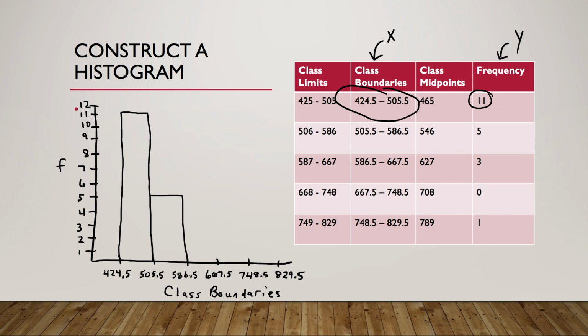Our third bar is at 3. Then we have a 0, which remember means that the bar is not able to be seen. And finally, our last bar will be at 1. All right, and so again, now we have our histogram for the frequency distribution.